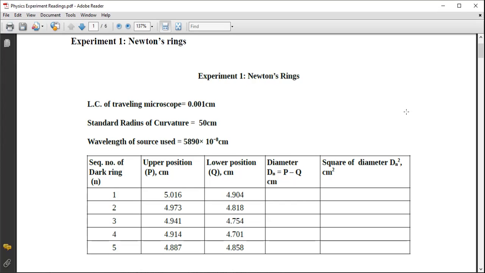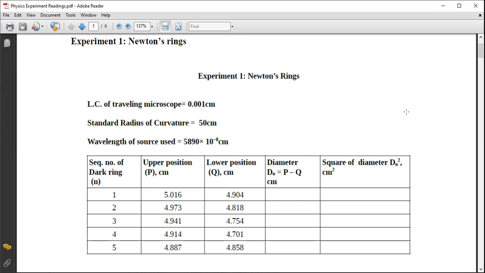The wavelength of the source is equal to 5890 times 10 raised to minus 8 centimeters. So observe that all are in the same unit. Okay, sir. Thank you, sir.